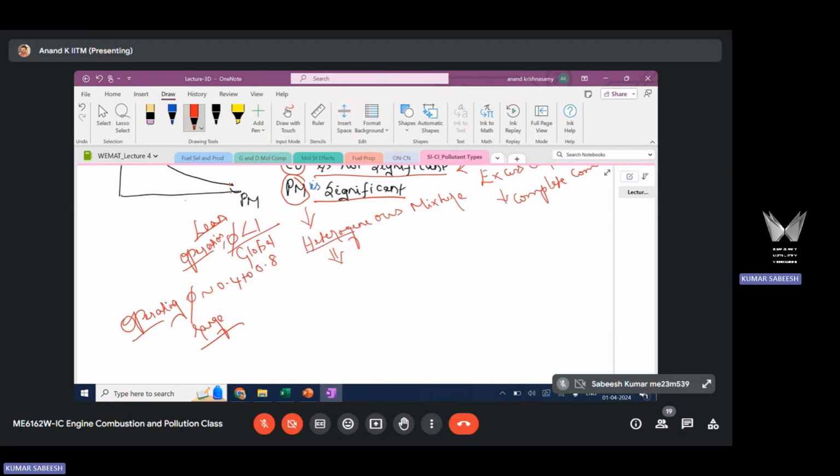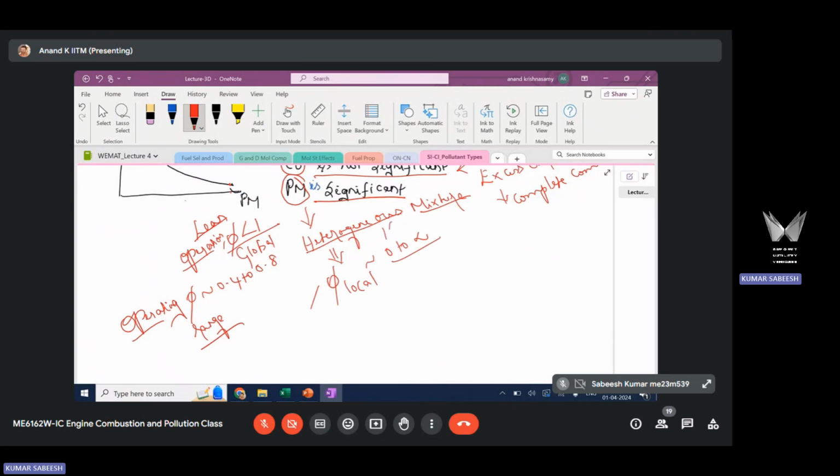This is the reason why we have this heterogeneous fuel air mixture. This results in local equivalence ratio varying from 0 to infinity. 0 is only air and infinity is only fuel. So you have regions in the combustion chamber with all possible combinations of Phi anywhere between 0 and infinity.